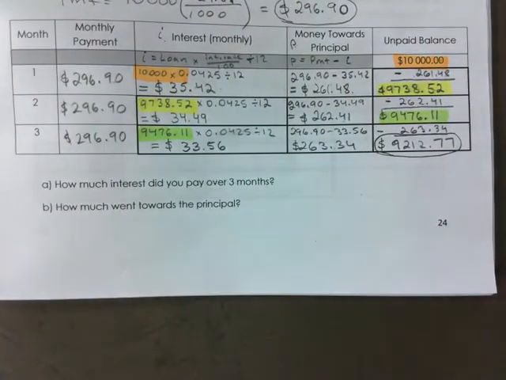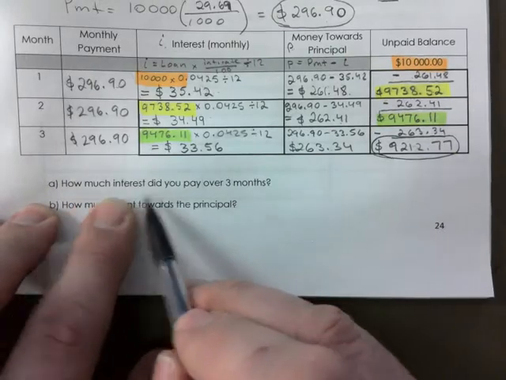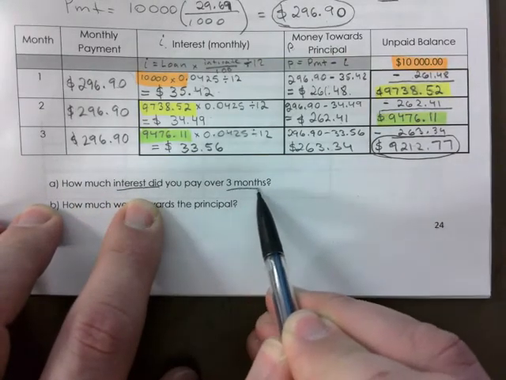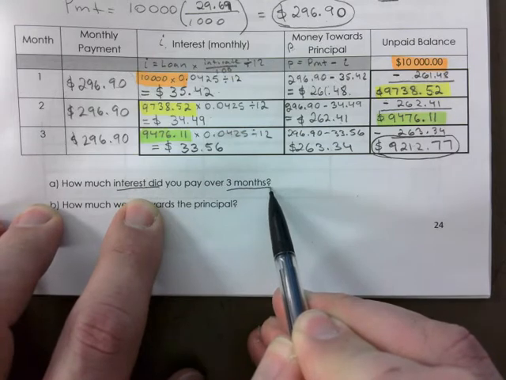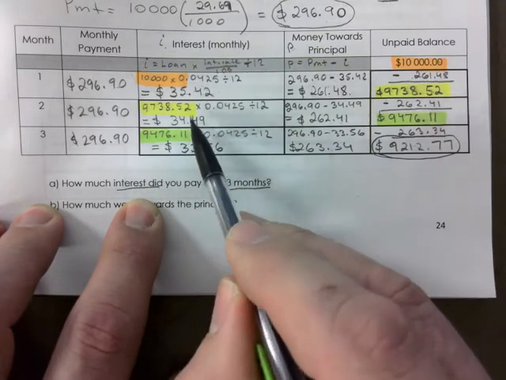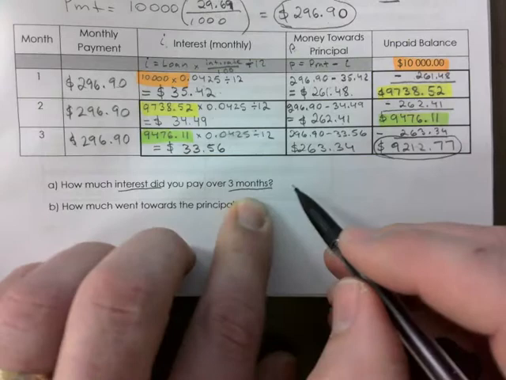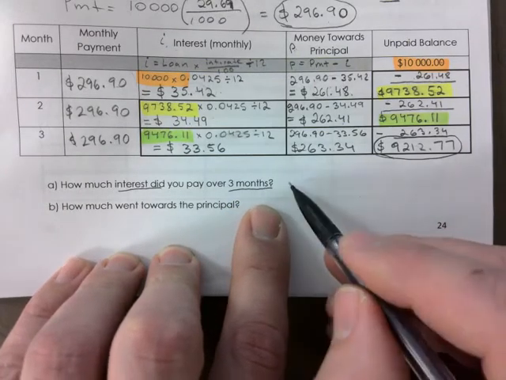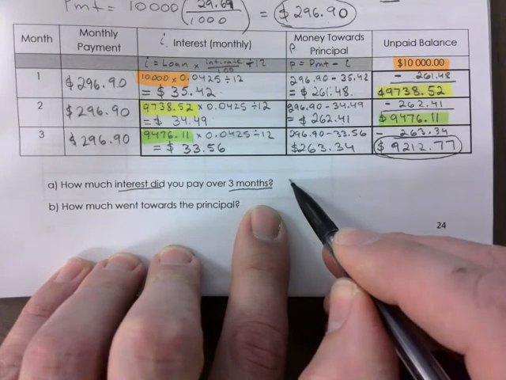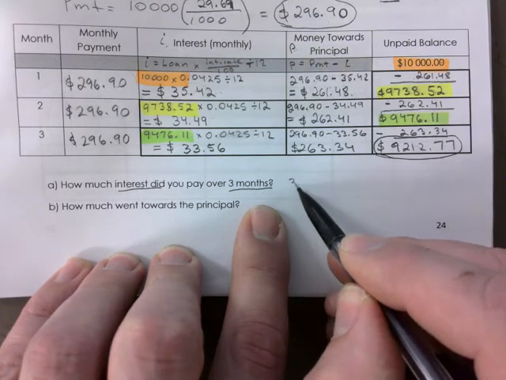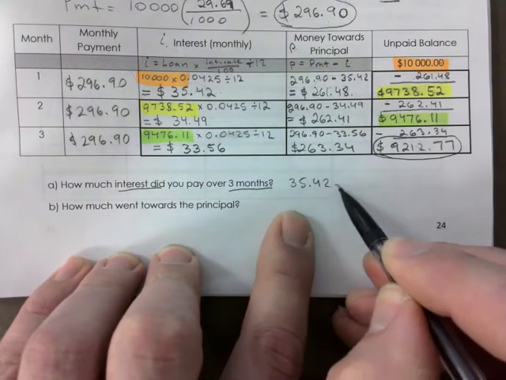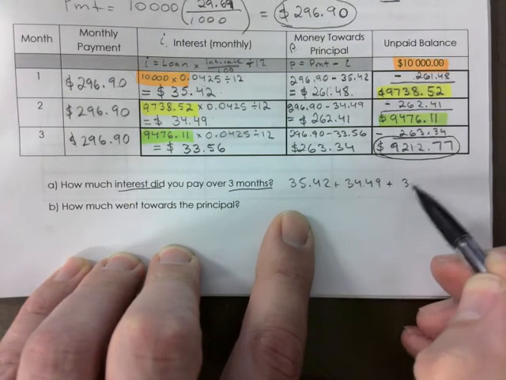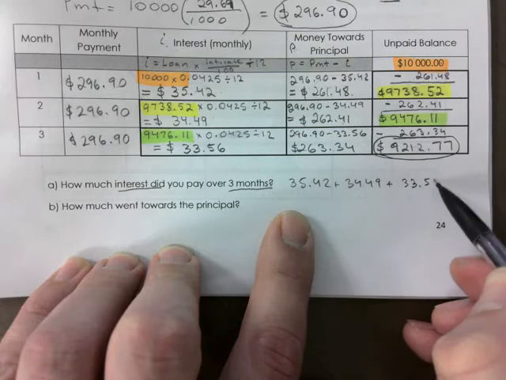Okay. Let's answer here what it says. How much interest did you pay over 3 months? Basically, you would just add up the three. I'm going to answer it right here. So interest would be 35.42 plus 34.49 plus 33.56.